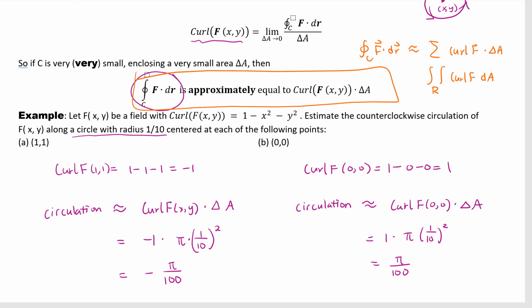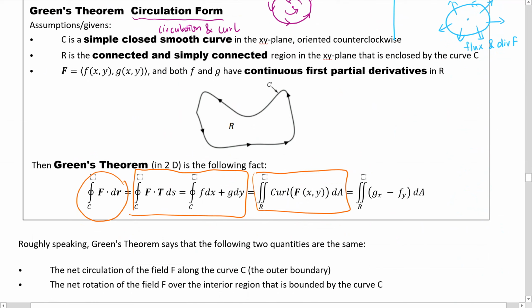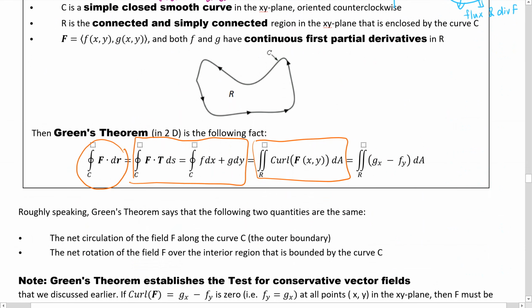So far, so good, everybody? Okay. And what's curl? Curl is g_x minus f_y, partial g partial x minus partial f partial y.